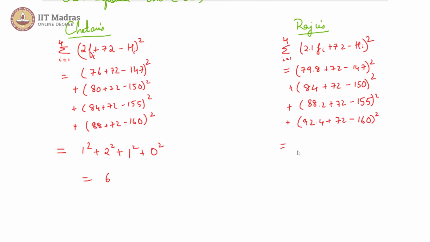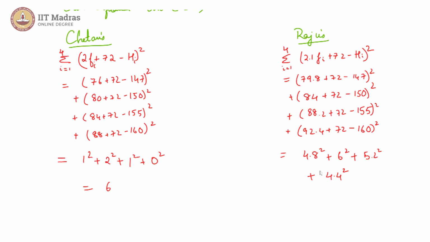Whereas in Raju's case, we would have 4.8 square plus 6 square plus 5.2 square plus 4.4 square. Now clearly in this error there is a 6 square which has to be greater than 6, which means Raju's error is much more than Chetan's error. Therefore, Chetan's line fit is better.